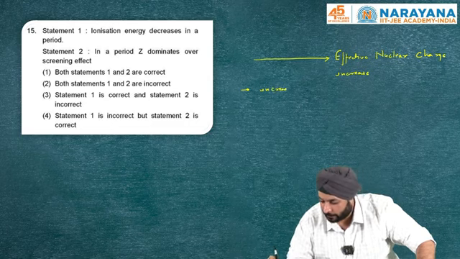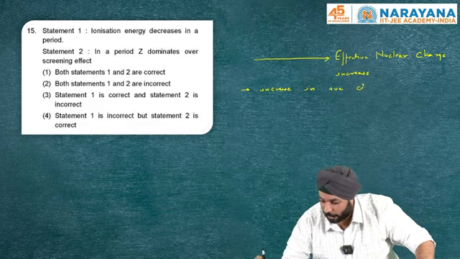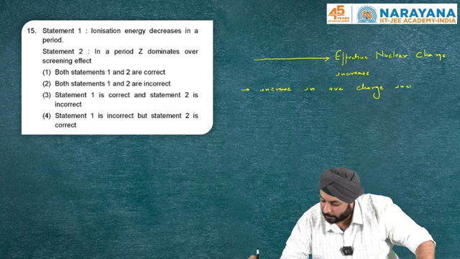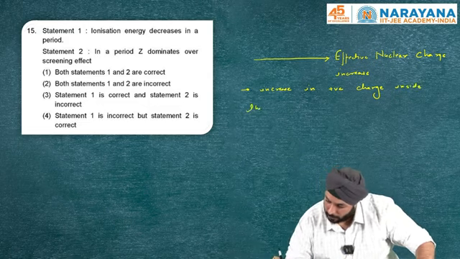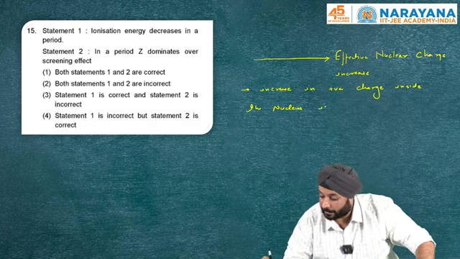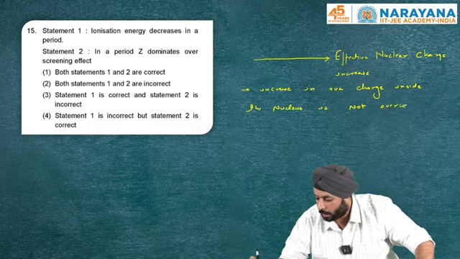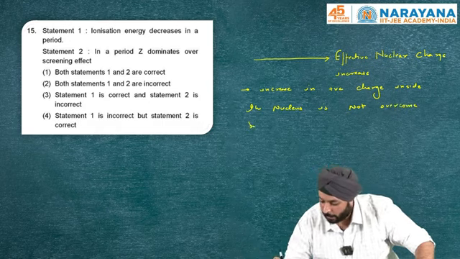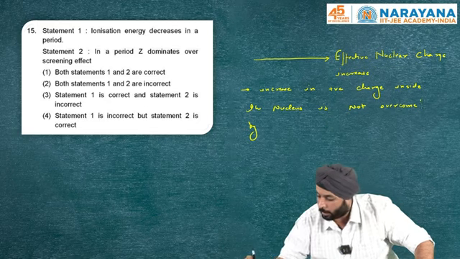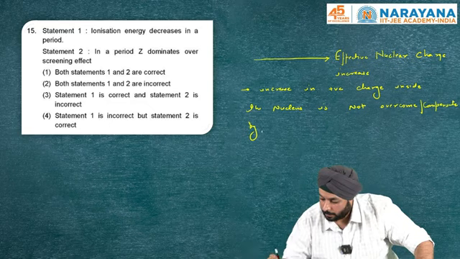Increase in positive charge inside the nucleus is not overcome or compensated by increase in shielding.